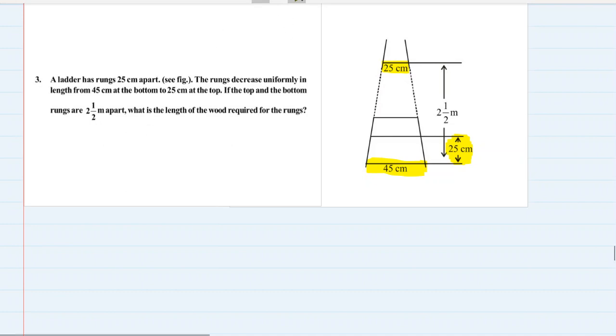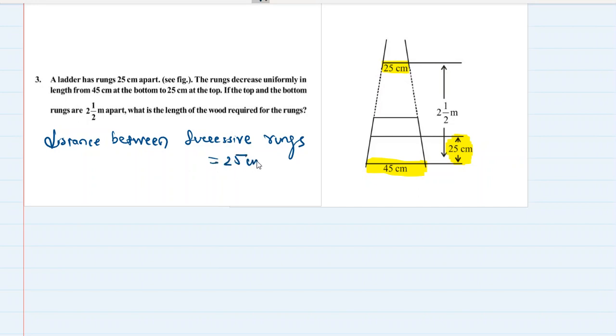The first statement should be: distance between successive rungs is equal to 25 centimeters.